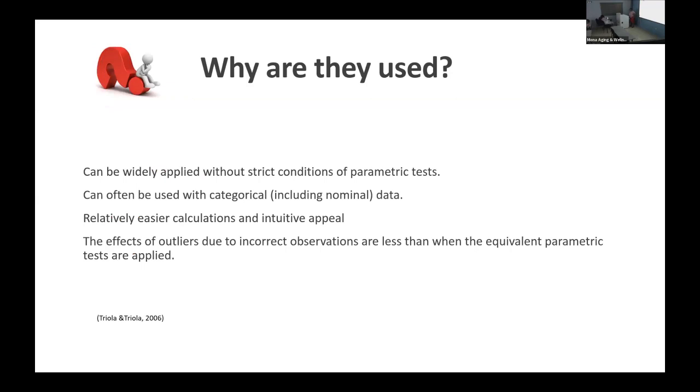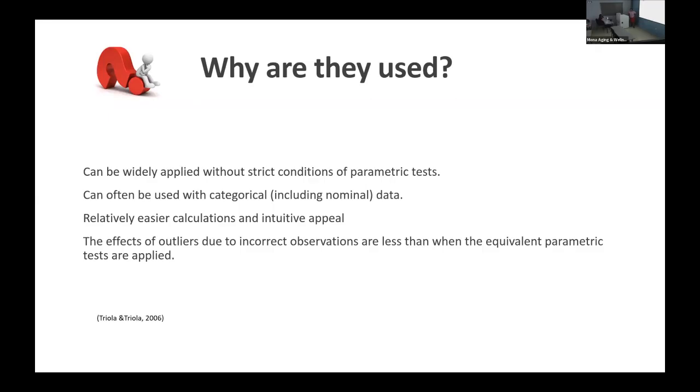All right. Why are they used? Let's say that you've collected your data, and your data does not conform to some of the assumptions that are necessary for whatever test you would have loved to perform, for example, normality.